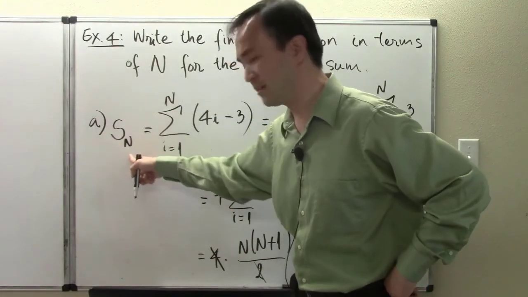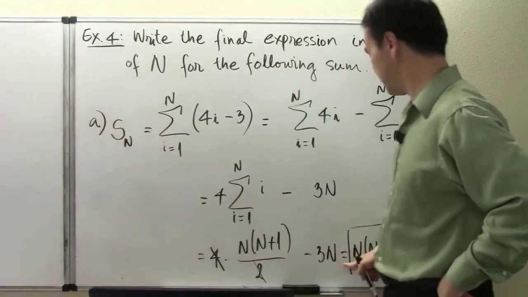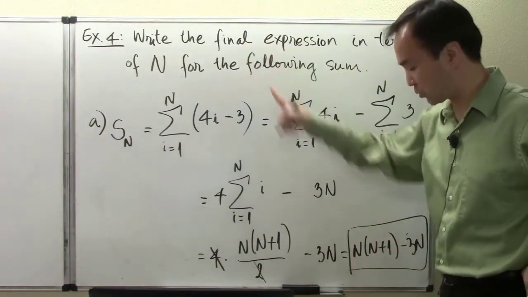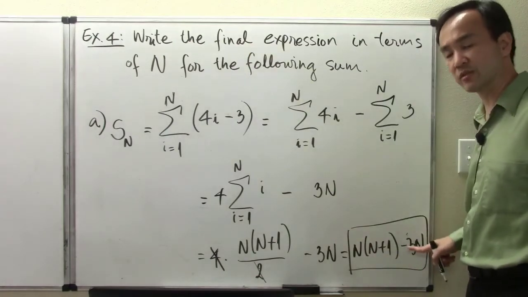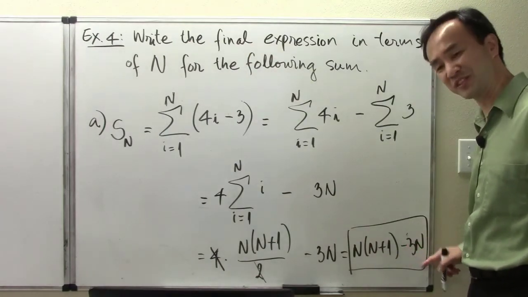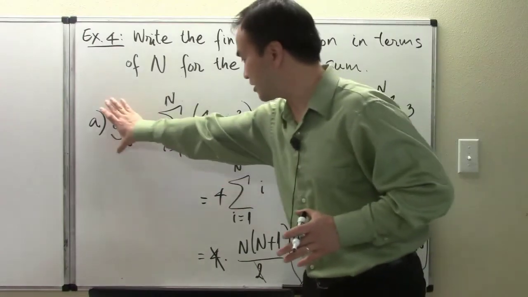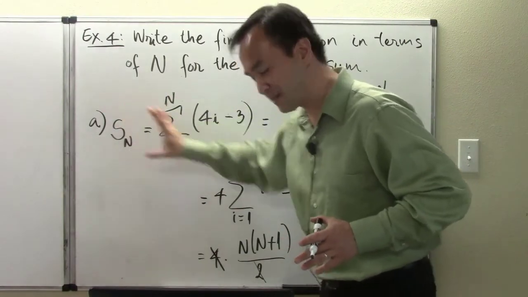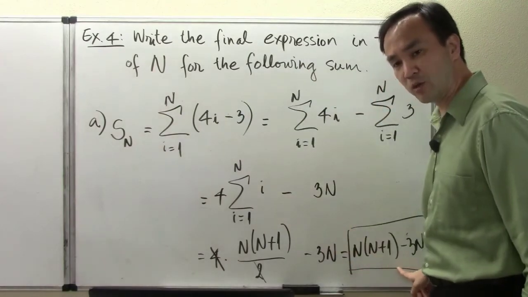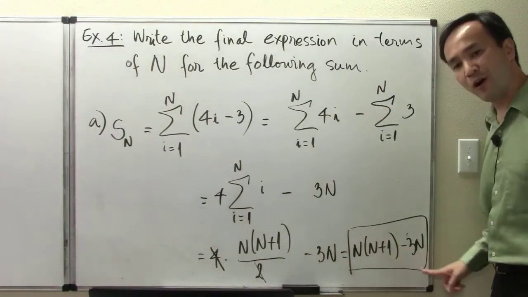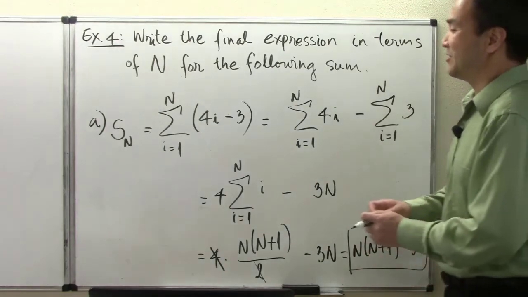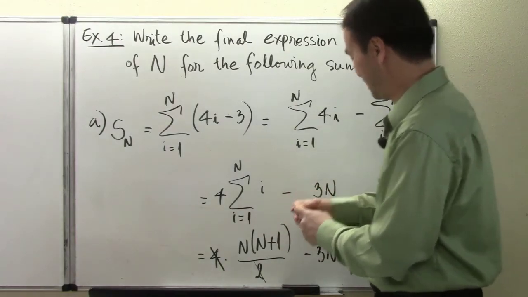It's a sum that depends on the number of terms, because we can always write the final expression as an expression in terms of n, the number of terms. And so this is the starting out form as a summation notation, but that starting out form will end up into a final expression in terms of n, the number of terms. Okay, so now let's look at part B of the example.